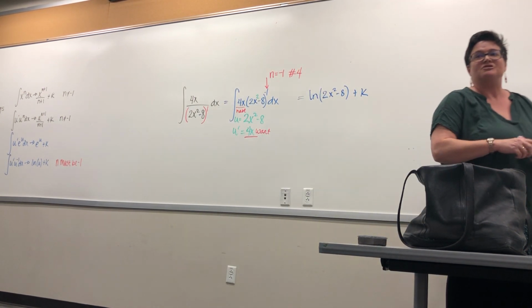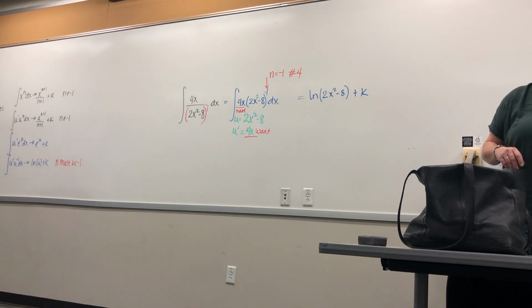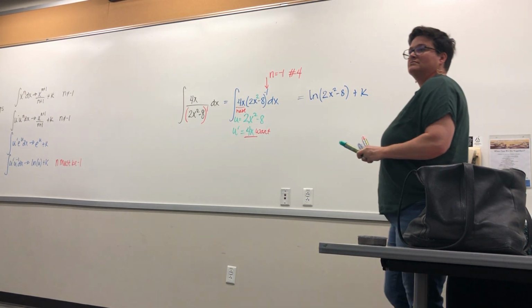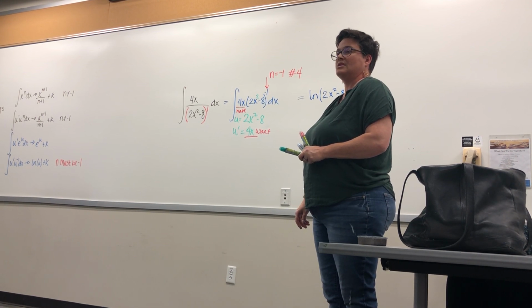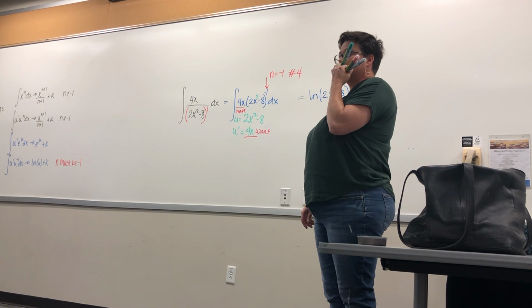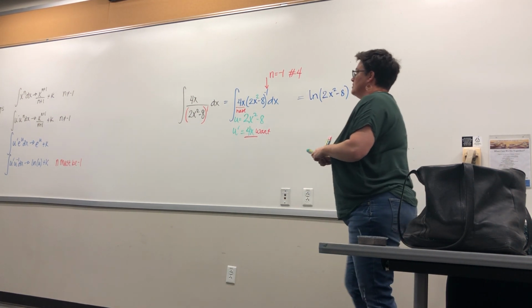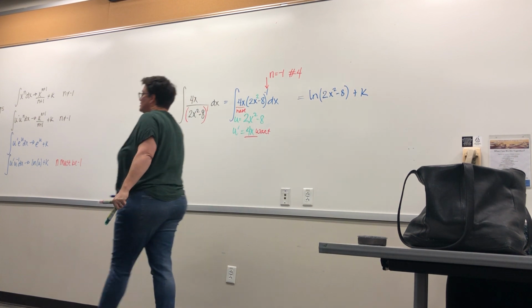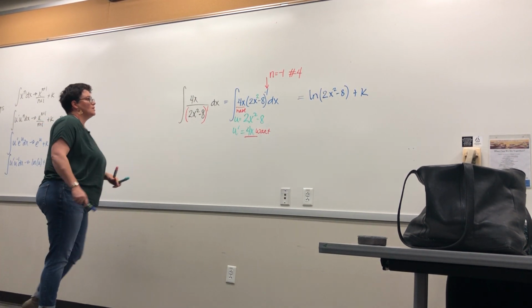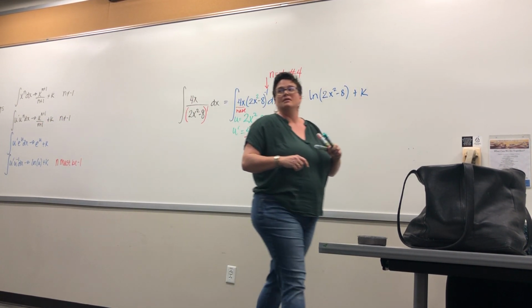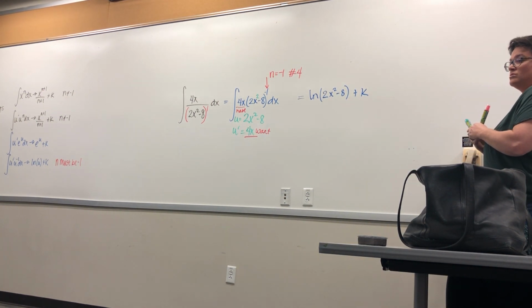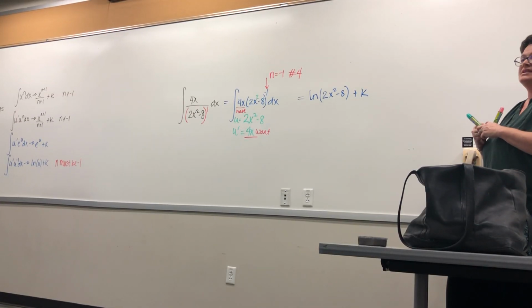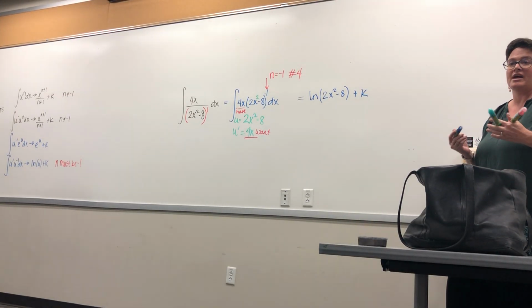Okay? Yeah, Cassandra. Sometimes the exponent is like -1 plus x squared. What if it was -1 plus x, an actual function? Would that still be the natural log formula? No, because then the power is no longer -1.